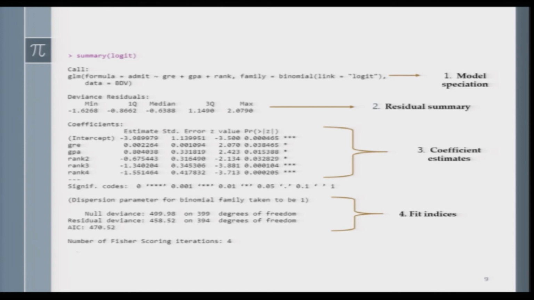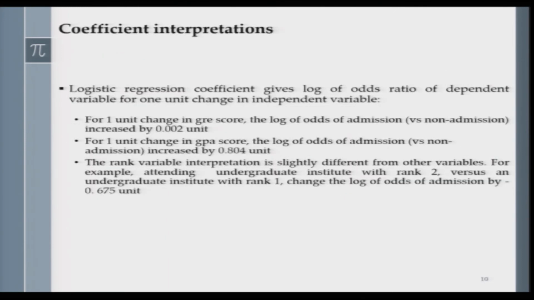Now let us focus on the case of rank 2, and if we can interpret the coefficient for rank 2, then it can be followed for rank 3 and rank 4 variables also. Note that rank 2 has a coefficient of minus 0.675.